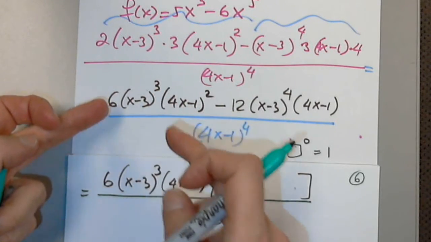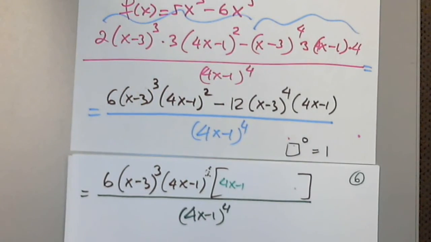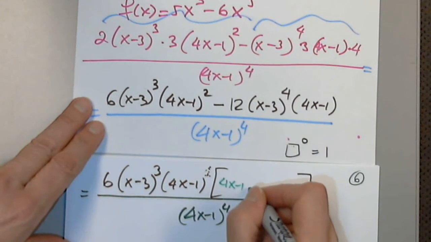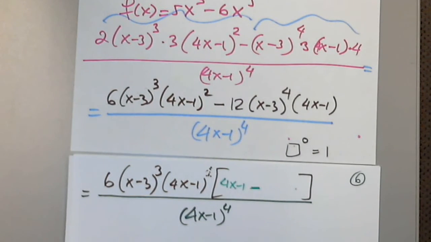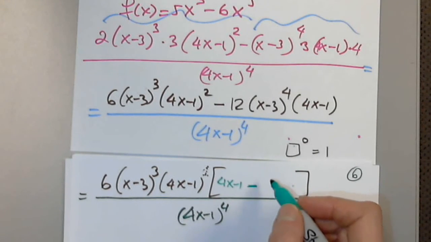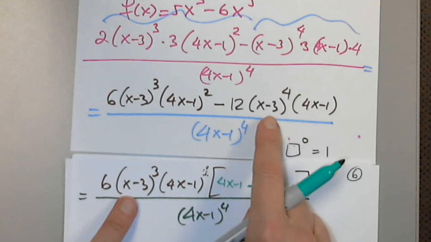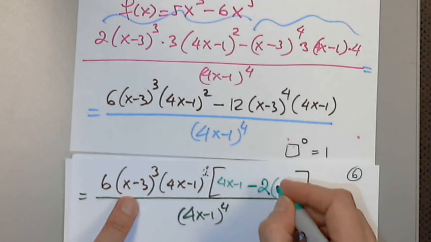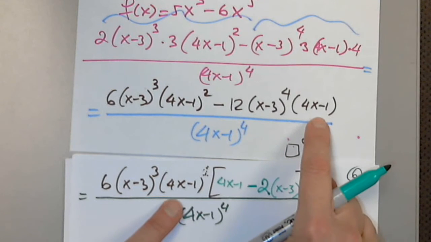If you distribute this to this, then you get 6 times (x minus 3) cubed. This times this is (4x minus 1) squared. So now I'm here with minus. What is left? 2 indeed. What about this? X minus 3. Very good, in parentheses. What about this?